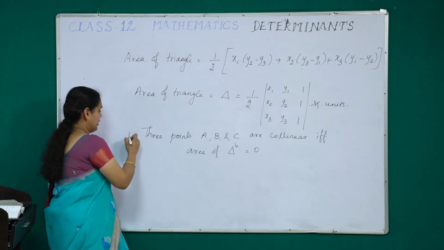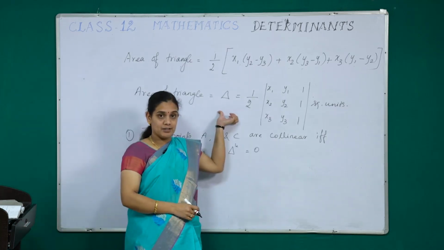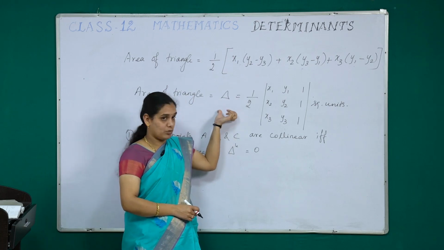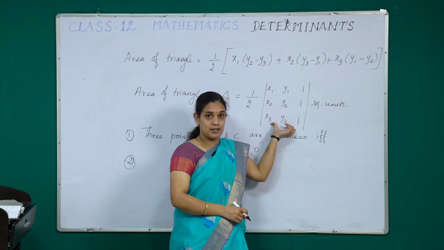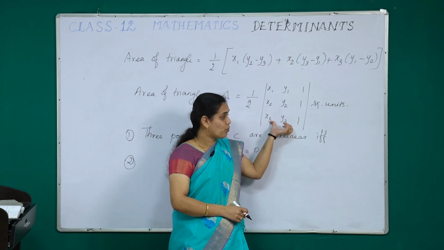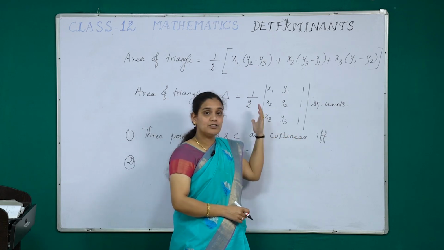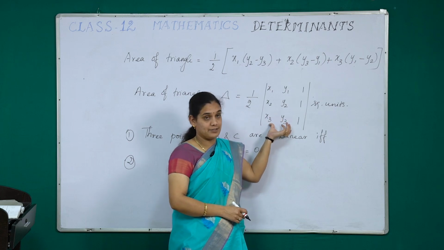Then one more point. Since the area is always positive, we cannot find a negative area. If you expand these determinants, sometimes we get negative values. In that case, we take only the magnitude, we avoid the signs. You can easily remember that we always take the positive value, even if it is negative.